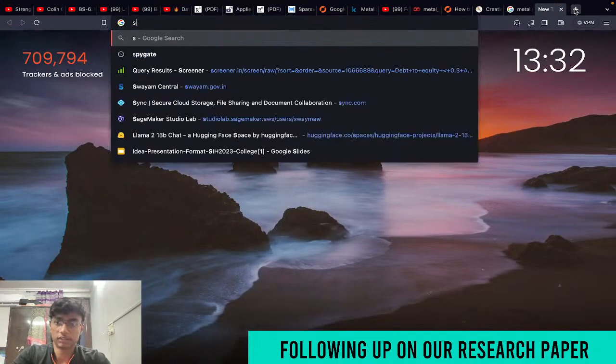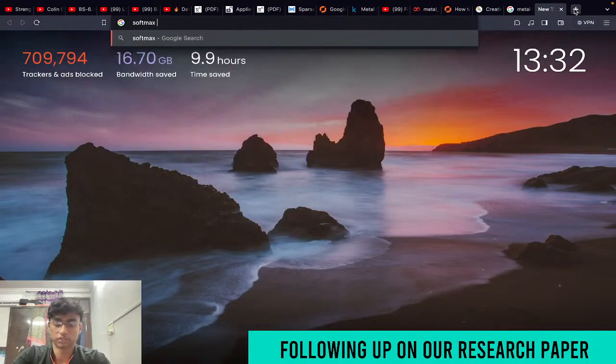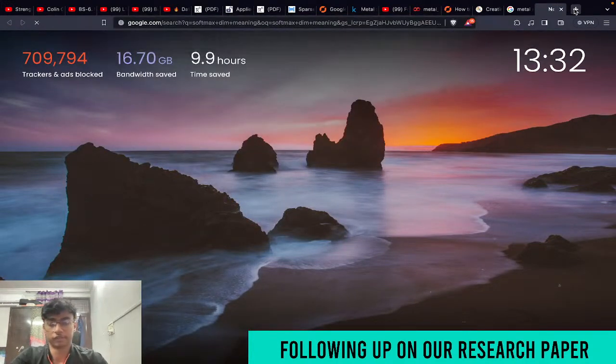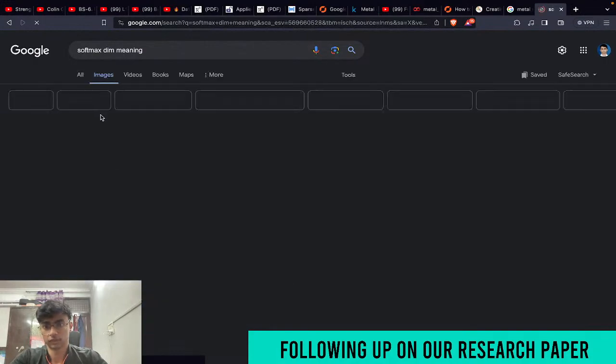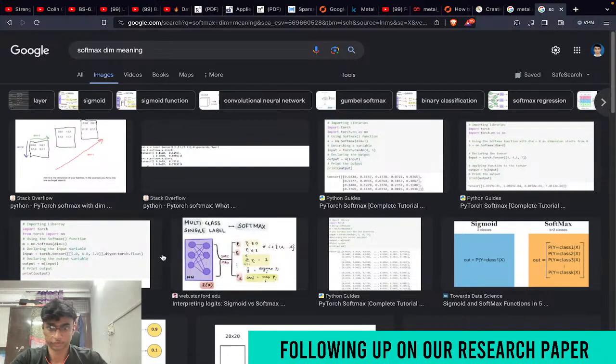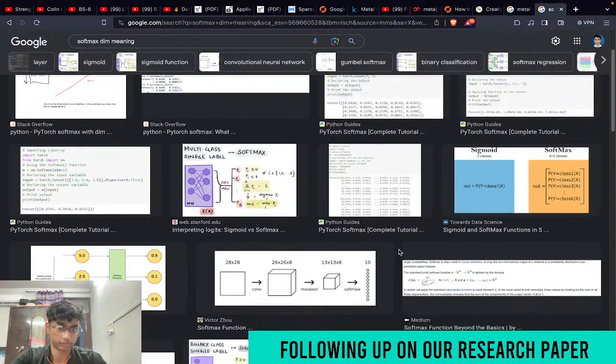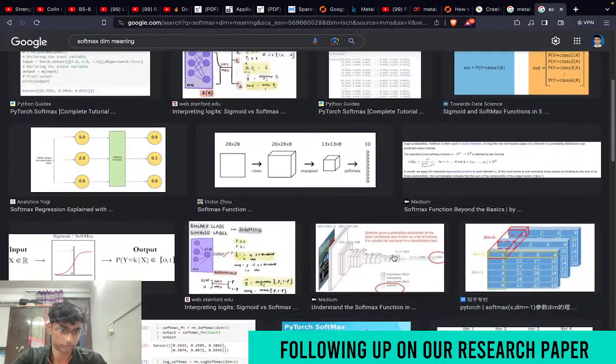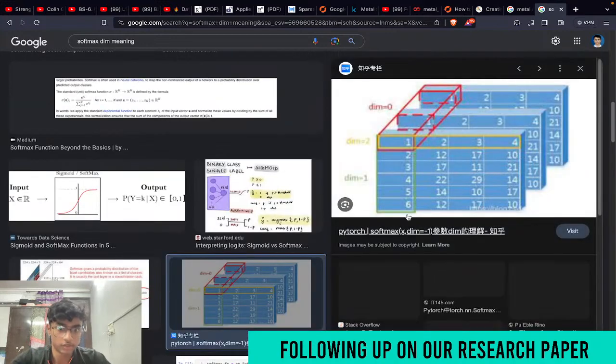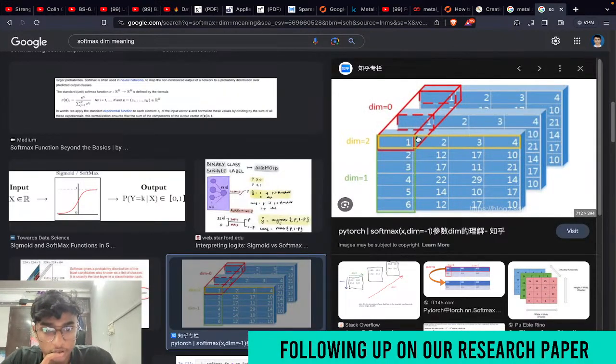Let's see if we can visually see it. Softmax dim mean. So see, this is dim 0, this is dim 1, this is dim 2. As you know, 0 is our batch size, and 1 is this.